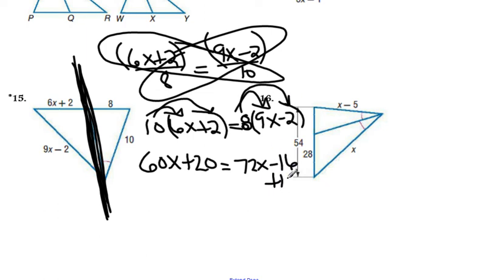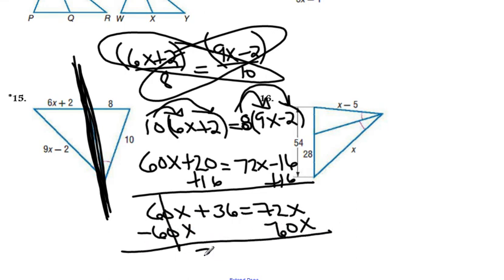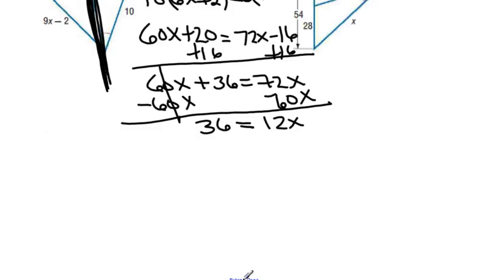I'm going to add 16 to both sides of my equation. So I get 60x plus 36 equals 72x. I'm going to subtract 60x from both sides of my equation. I get 36 equals 12x. And then divide by 12 on both sides of my equation. So x equals 3.